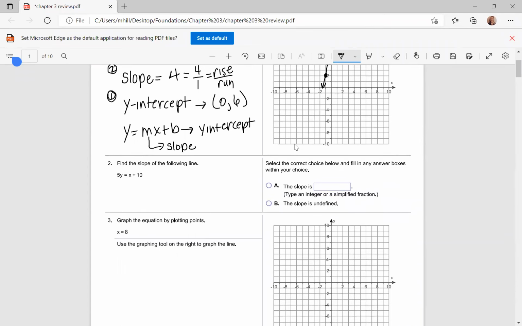Problem number 2. This is what you're going to want to write: find the slope of the line, and the equation is 5y equals x plus 10.